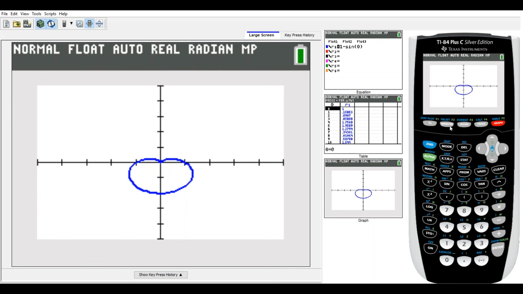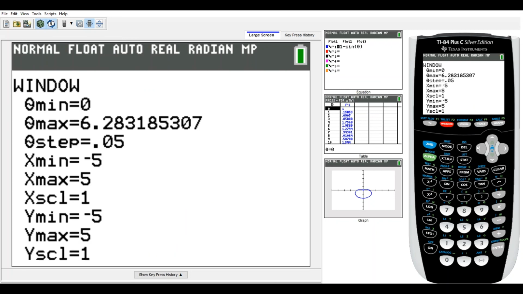And actually, if I go into my window here, and let's just say I up this theta max, instead of 0 to 2 pi, let's say we do 0 to 4 pi. And it'll be kind of hard to tell, but if you look really closely, you'll see that the calculator actually traces out this shape 2 times. So if you start overlapping on your graph, tracing out the same shape again, you can stop.